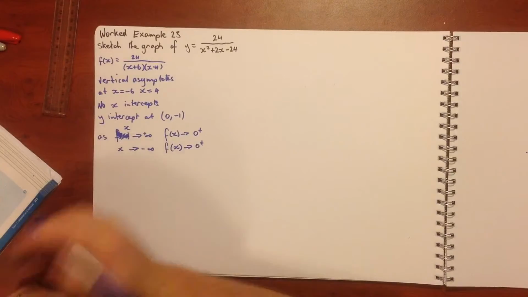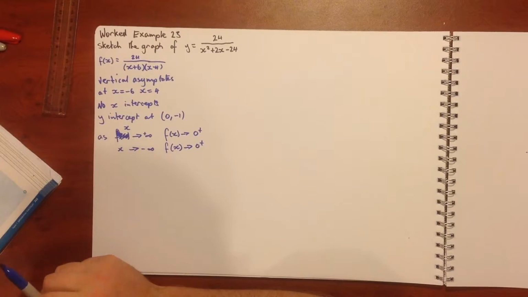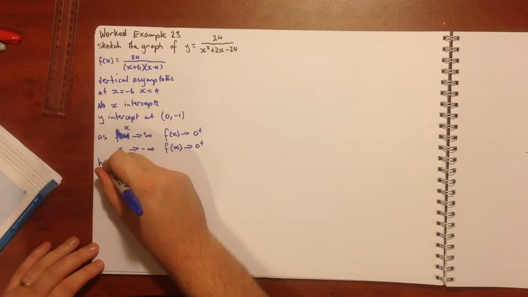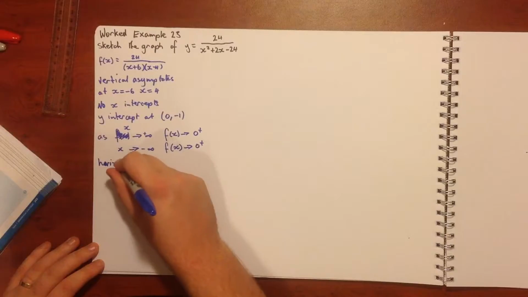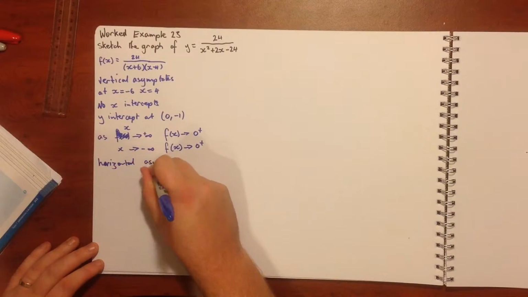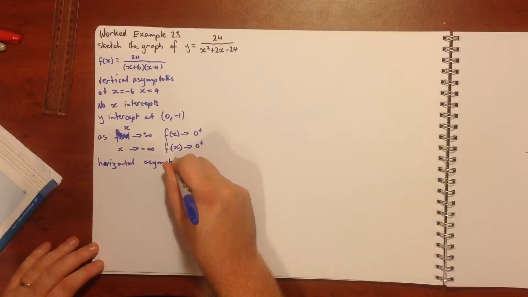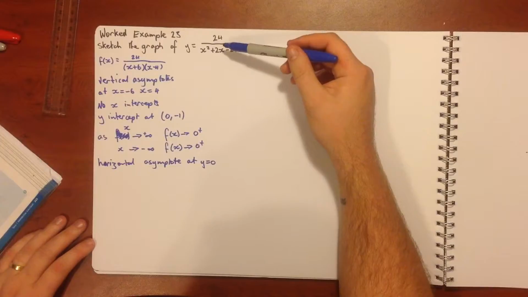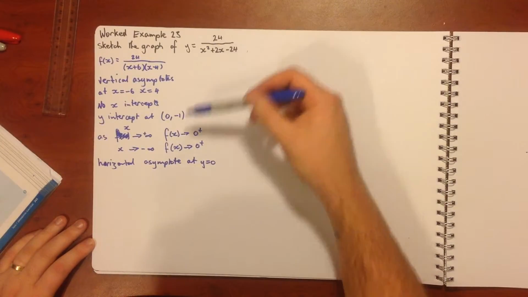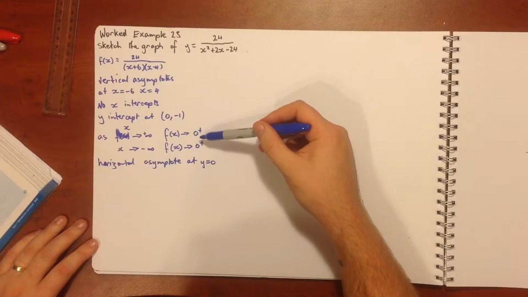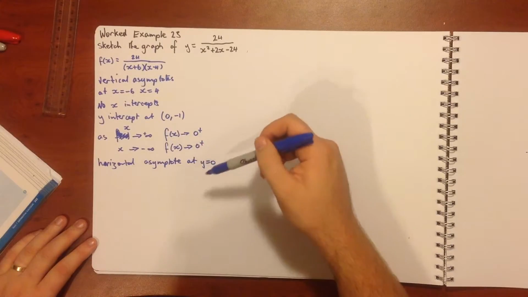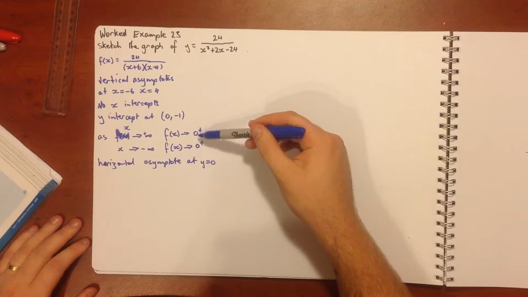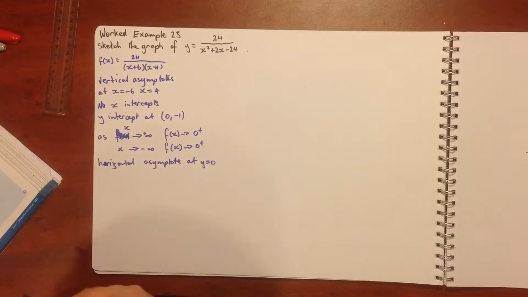So we can gather from that that we have a horizontal asymptote at y equals 0. Now, if something had happened differently and we were to approach 1 from the positive side, then we would have had a horizontal asymptote at y equals 1. If we were to approach 2 from the positive side, then the horizontal asymptote would be at 2.